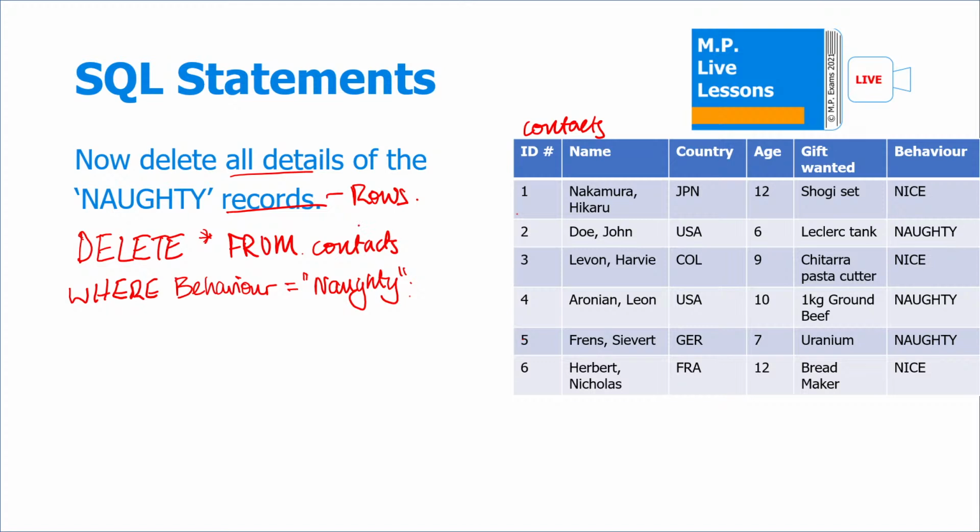So this would get these ID 4, 2, 4, and 5, and basically just remove them from the table entirely.